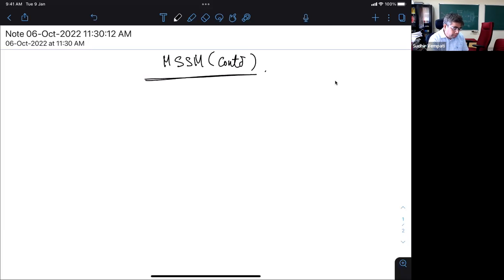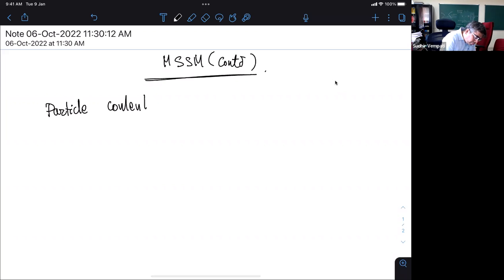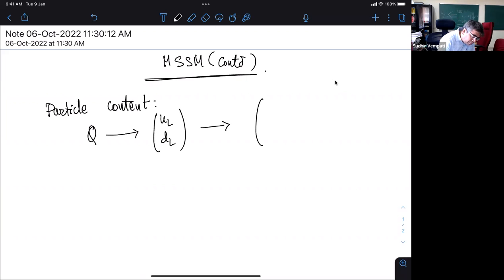So we started with the particle content of the MSSM. Essentially, we take every matter field of the standard model, so Q, which is left-handed, UL, DL, and make it into a chiral superfield.